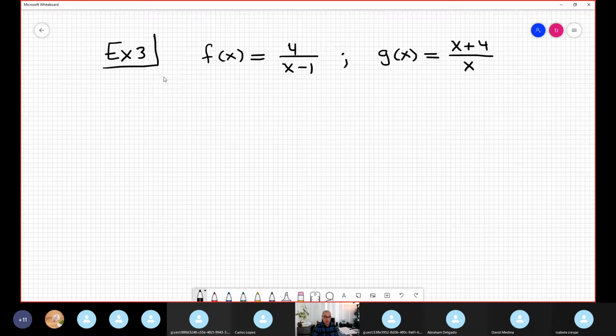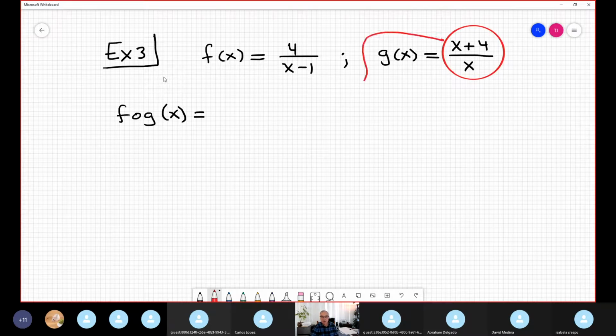Let's do first of all F composition G of x. Well, G is the first function, which is this, and substitute into the x of the outermost function. And basically, we have 4 divided by x plus 4 over x, this is 4, sorry, minus 1. Do you see that?